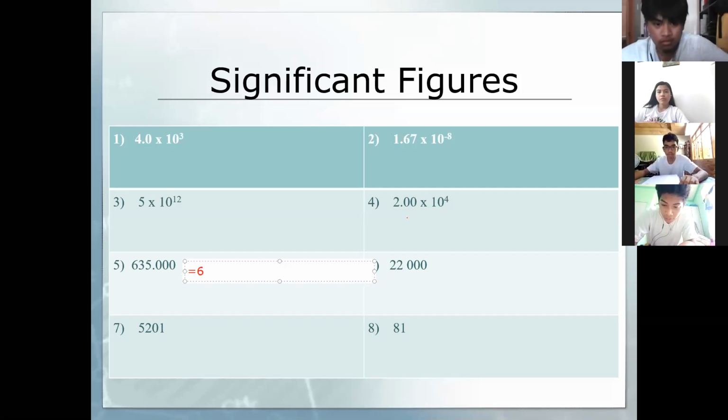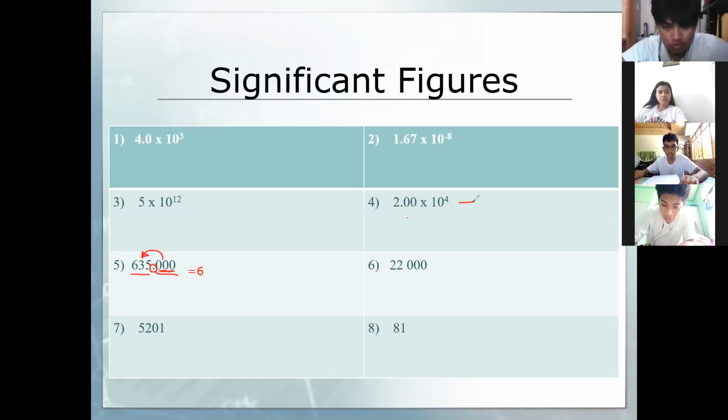It is because the given starts with a significant digit, which is 65. And since the zeros here are to the right of the decimal point and follow a significant digit, this zero is significant, and the zeros in between are also significant. Therefore, this is 6.